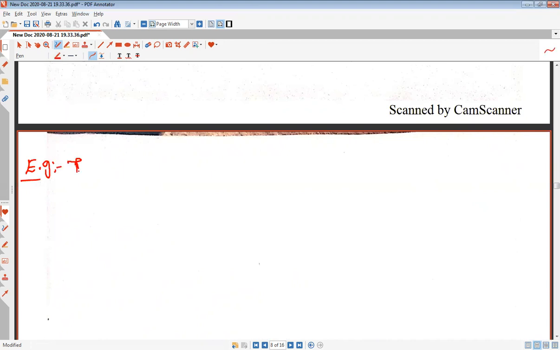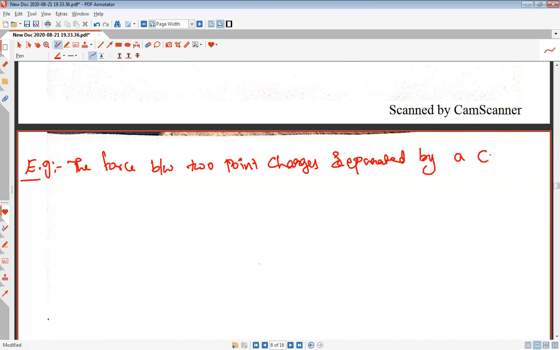Suppose the force between two point charges separated by a certain distance in air is found to be 81 Newton. See, the force between two point charges separated by a certain distance in air is found to be 81 Newton.